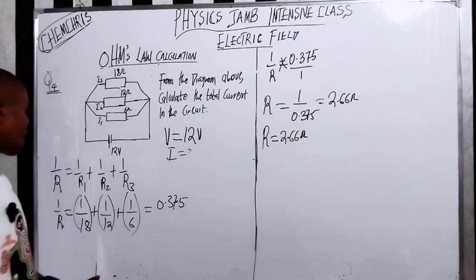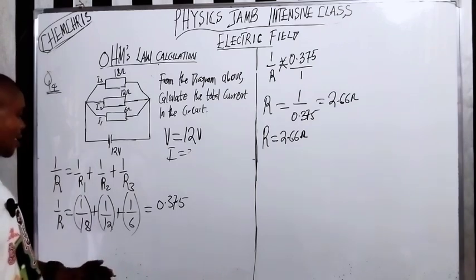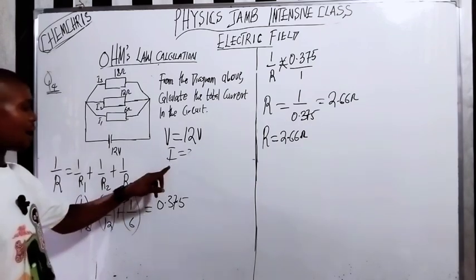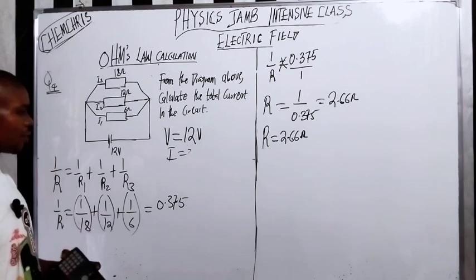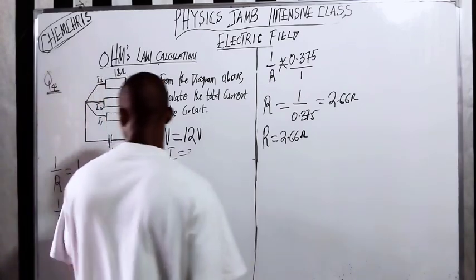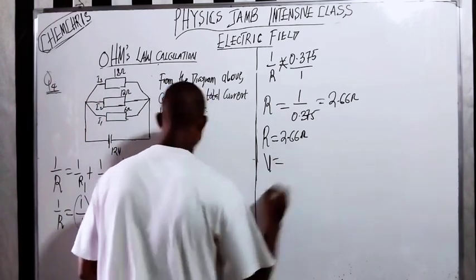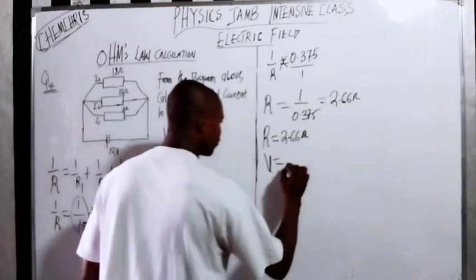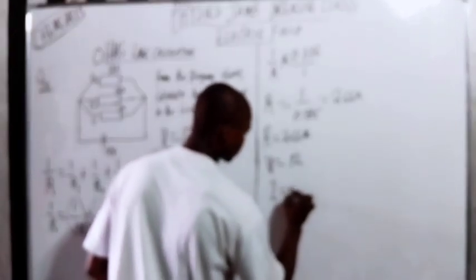So how do I calculate my current? Remember my voltage was already given to me to be 12 volts, right? So my I is what I'm looking for, right?